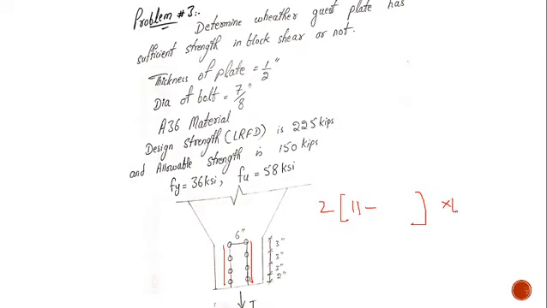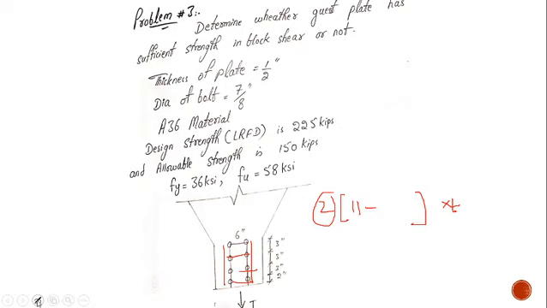T is 0.5. So the number of bolts here are actually 1, 2 and 3, and this half bolt. This 2 has been multiplied for 2 failure paths. I have used 3.5 because this final bolt has been cut into half.